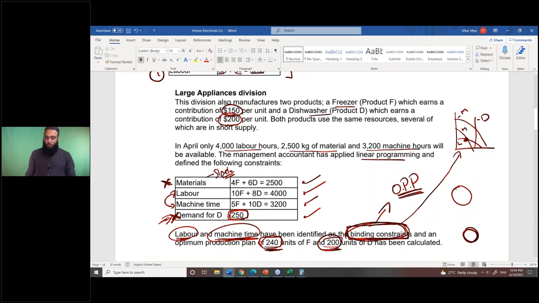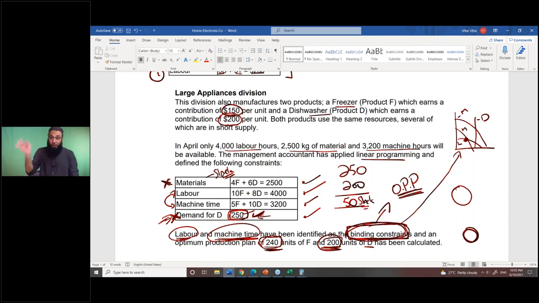Yes, because the answer was not at D's line, and this is very much obvious as well. See, you could have made maximum 250, but your final answer of D is 200. You could have made 250, but your answer is at 200, which means 50 units you haven't made and there is a slack.